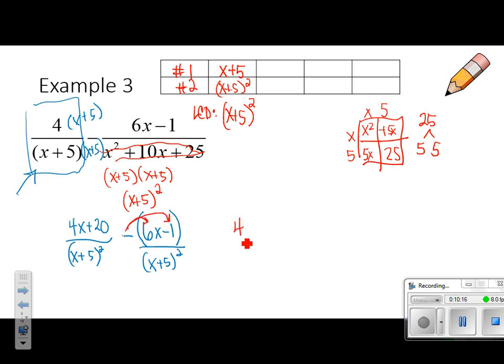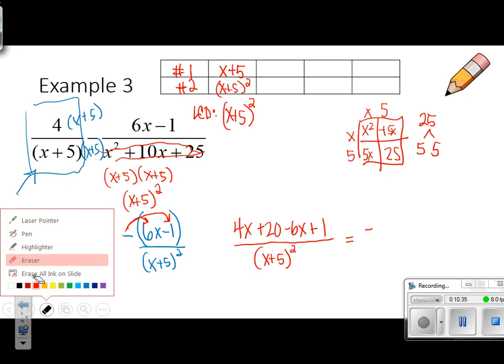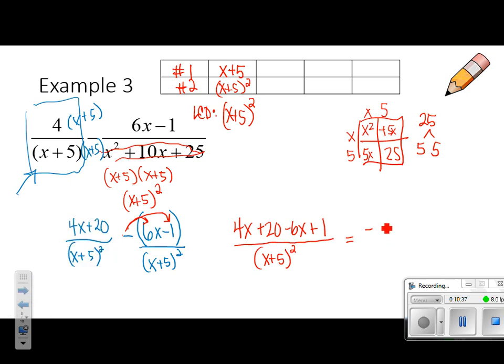So this would be 4x plus 20 minus 6x plus 1 all over x plus 5 squared. All right, so that would become negative 2x, gotta fix that there, negative 2x plus 21 over x plus 5 quantity squared.